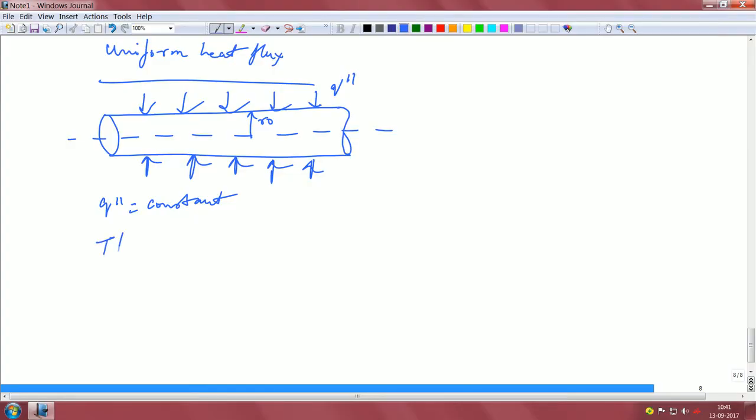So, instead of defining the temperature in that way, let us first say T(x, r) equals T naught(x) plus Q double prime over h times f(r/r naught). I am writing the functional variation so that you can get an idea. That is the definition that we have applied.